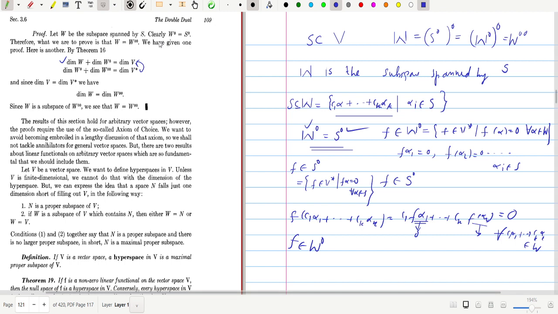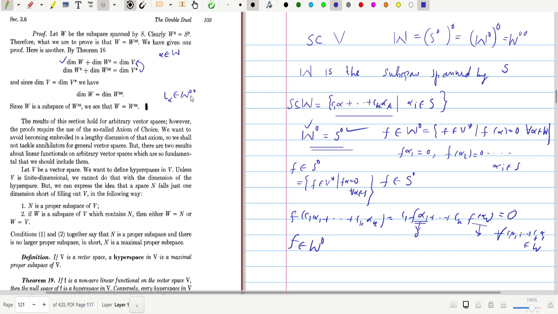This is because if you start with an element alpha belonging to W, we need to prove that alpha belongs to W double naught. Instead of proving alpha belongs to W double naught, we will prove that the corresponding L alpha belongs to W double naught. This is the requirement. First, we identify this alpha as L alpha in V double star.